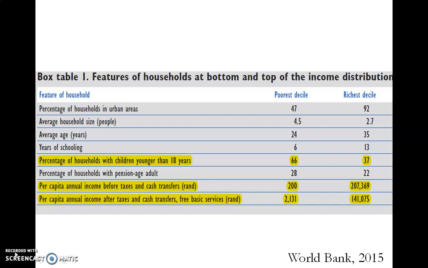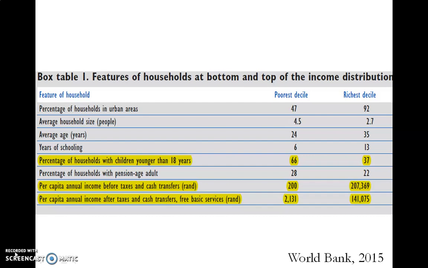Furthermore, you can look at the per capita annual income before taxes and cash transfers. That's what we would refer to as primary income. Extremely low in the poorest decile and over 207,000 in the richest decile.